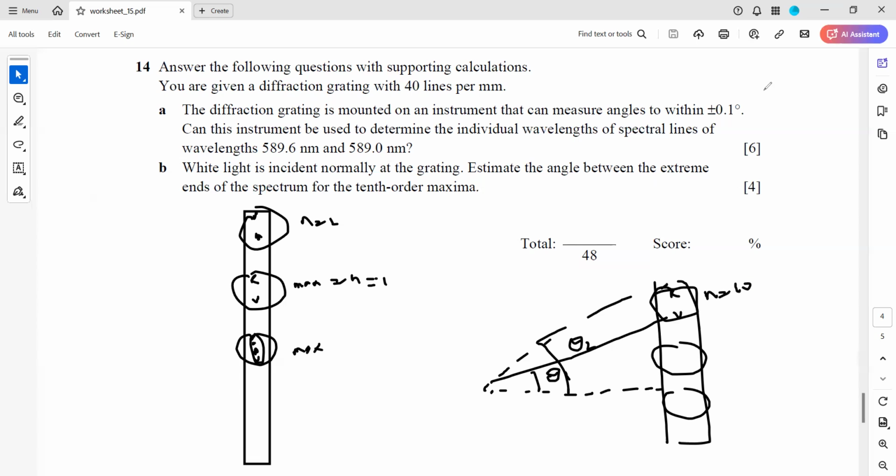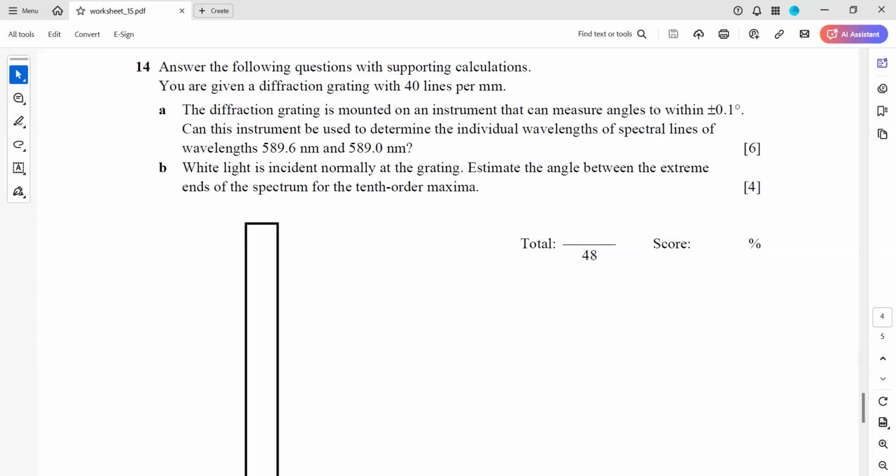So when the 10th order maxima is there, on the screen we'll have the zero order maxima, which has all the colors violet to red.